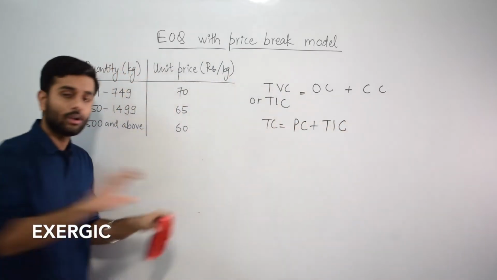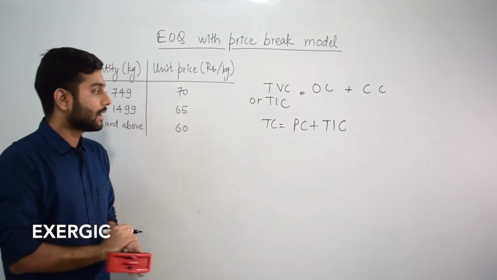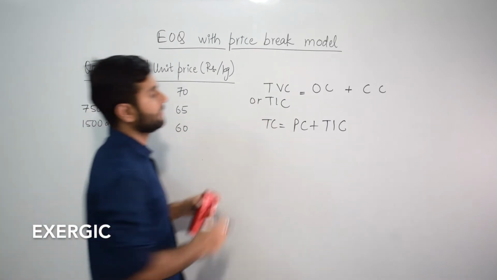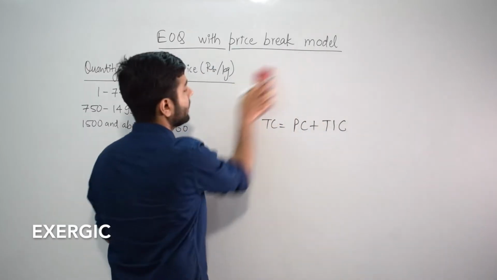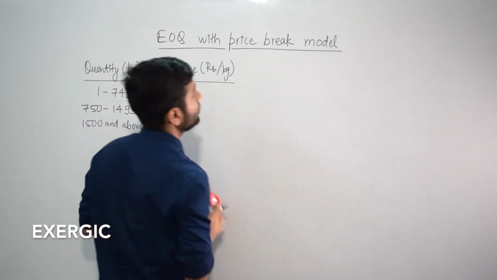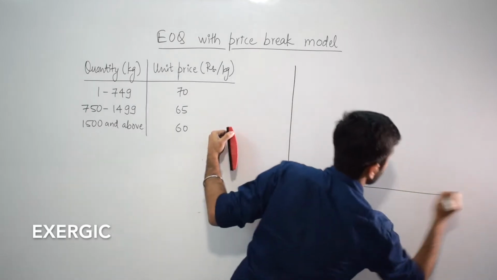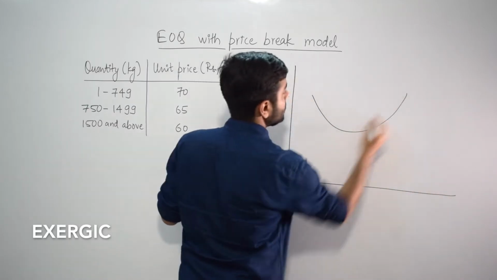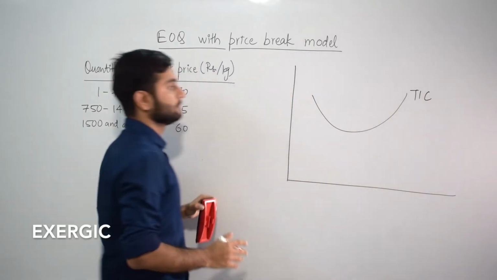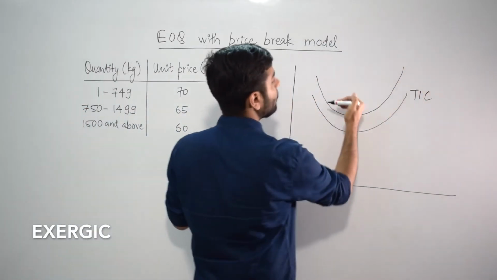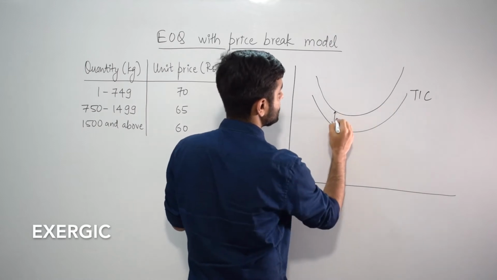These things I have already covered in the earlier models, right? So let's plot total cost on the graph, which is total inventory cost plus purchase cost, which is a variable in this case. So this is how the total inventory cost varied, and total cost was just above the total inventory cost by the purchase cost.